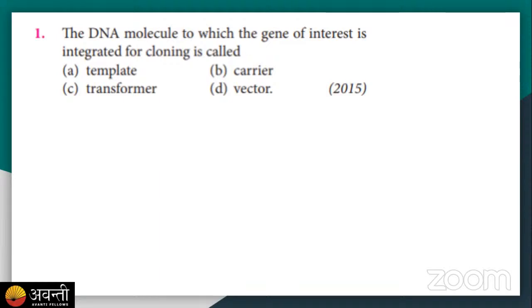So here I'm launching the poll. Those who are not able to answer in the poll, please give your answer in the chat box. What do you call the molecule in which we integrate our gene of interest?